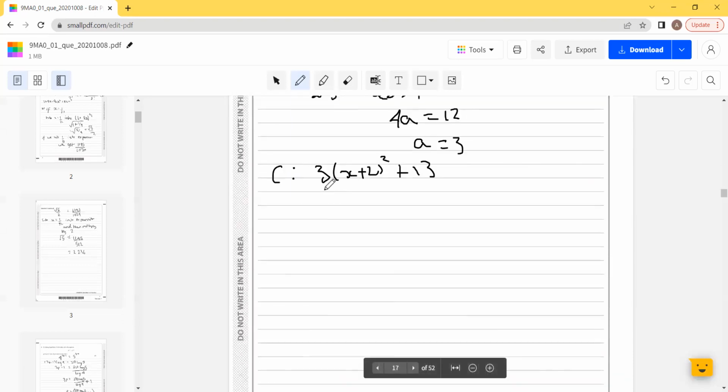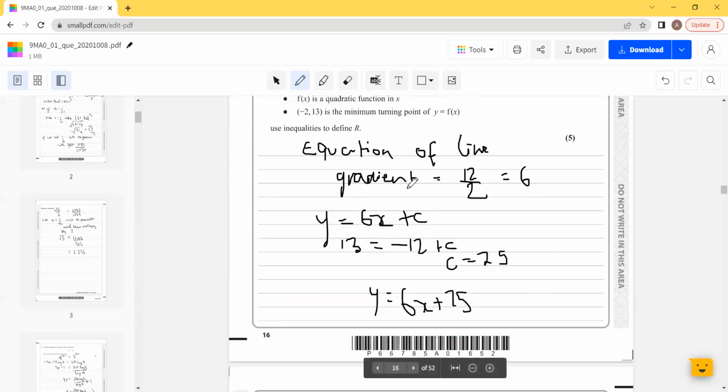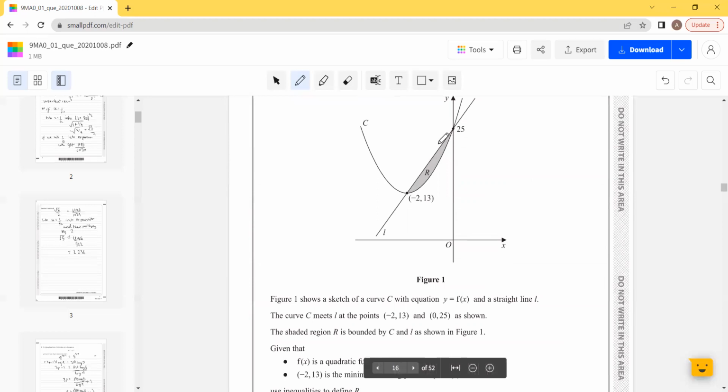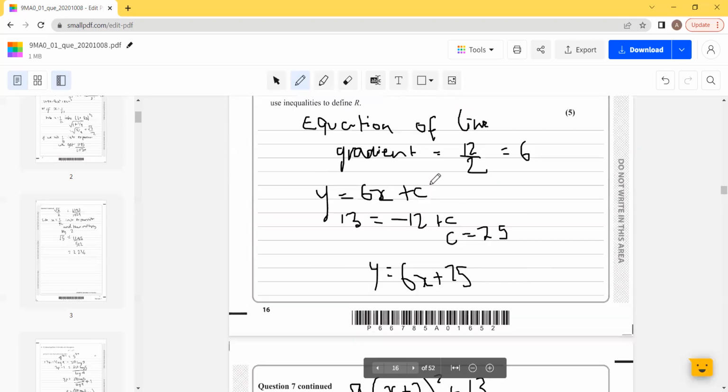Now we can clearly see that R is bounded between these two. It's always greater than the curve, but less than the line.